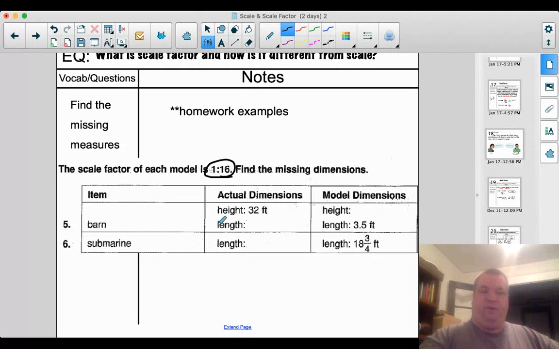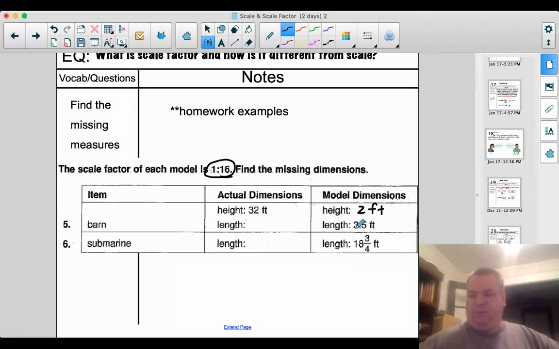Okay, so for the barn, if it's 32 feet in real life, to get the model height, we know the model is just going to be 1/16 of this size. So I can divide this by 16 to get 2 feet. If it's 3.5 feet in the model, to get the actual length, I would just multiply by 16.